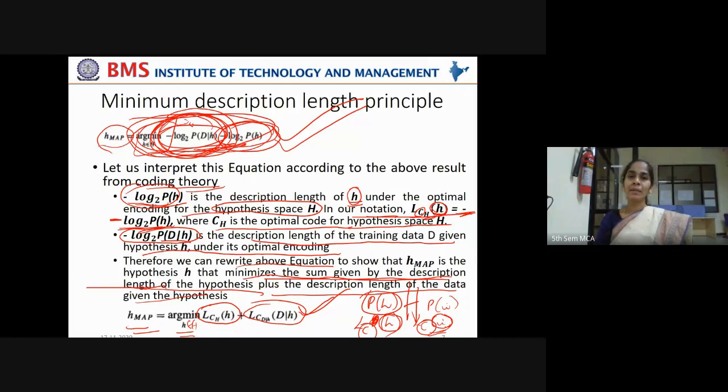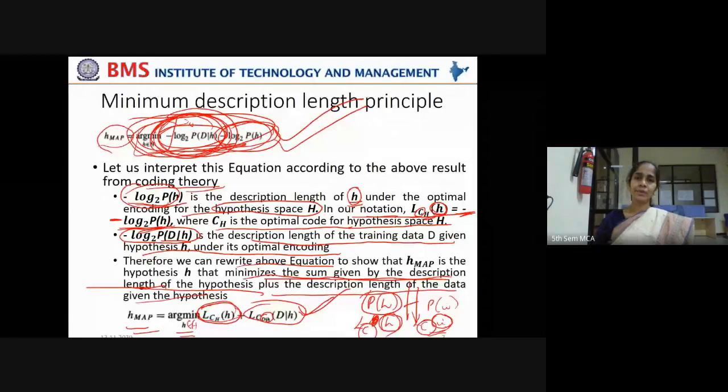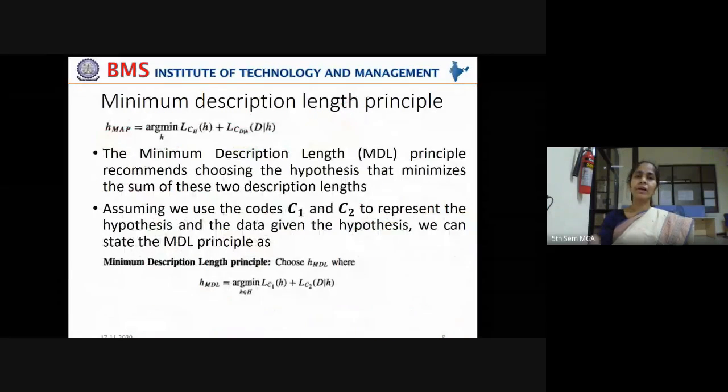Okay, so your final equation is, the maximum a posteriori hypothesis when represented in terms of minimum description length can be written as argmin H, length of the hypothesis using encoding technique C over the hypothesis space H, this term, plus the length of D given H when this encoding technique is used to encode D given H. Okay, this is called your minimum description length principle.